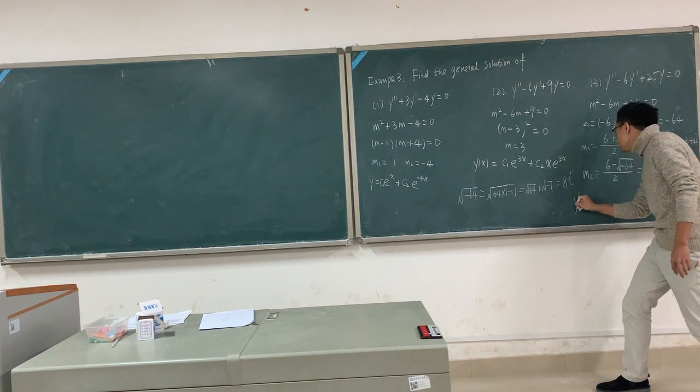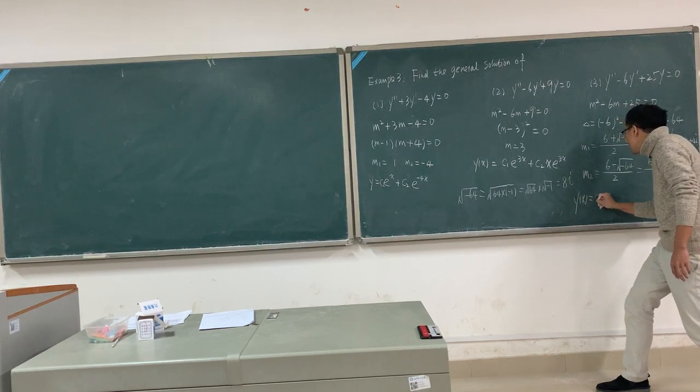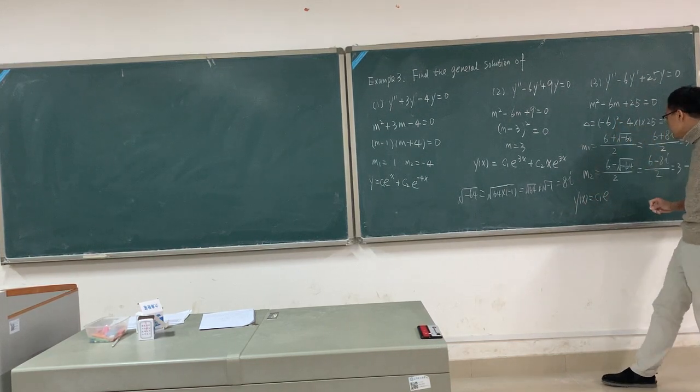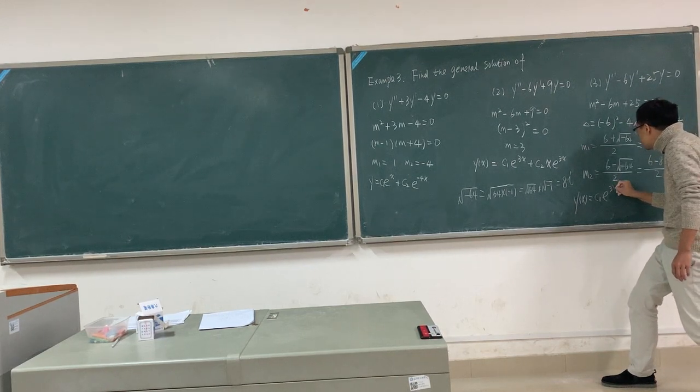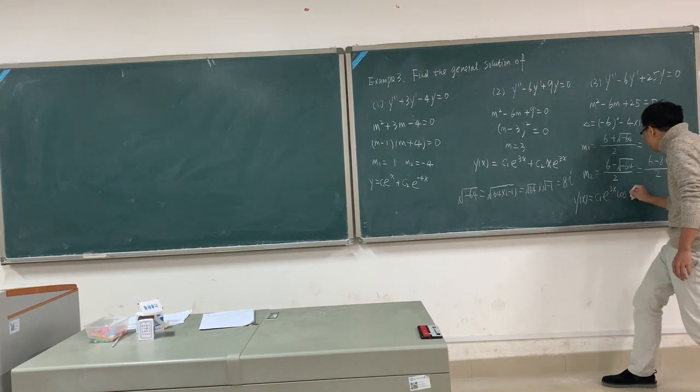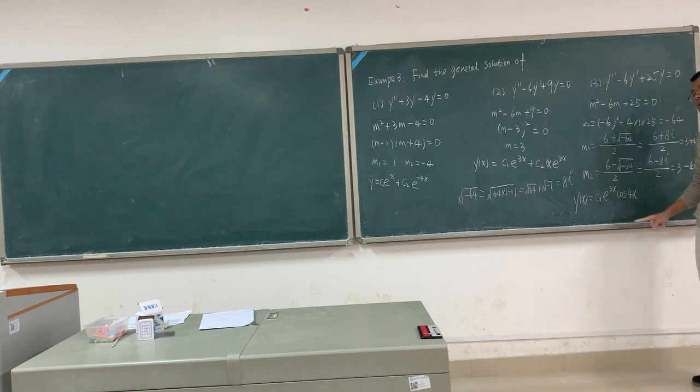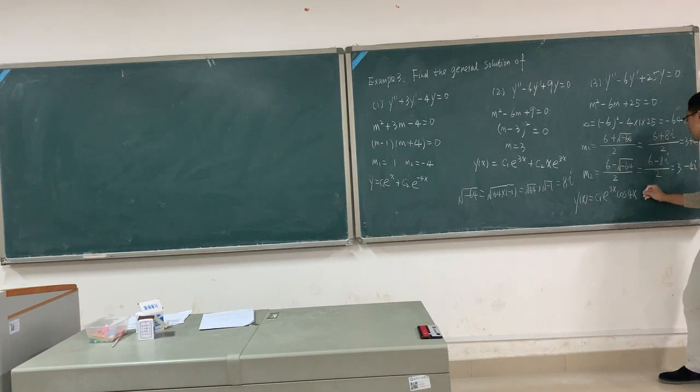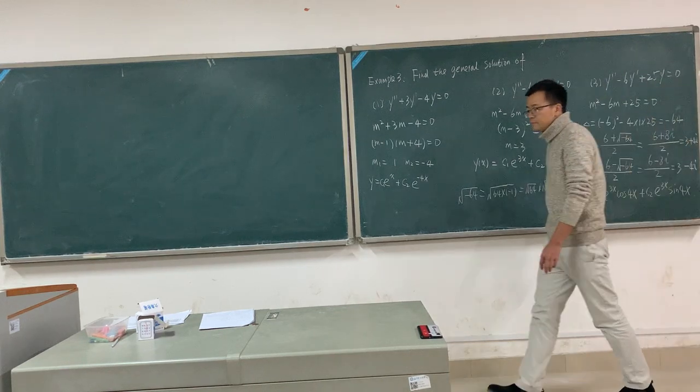So the general solution is y(x) equals c1 e^(ax) cosine bx, so e^(3x) cosine 4x, the first. The second is plus c2 e^(ax) sin bx, so e^(3x) sin 4x. Okay? So this is the result.